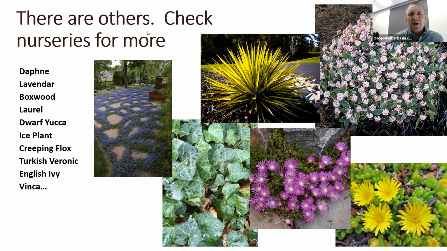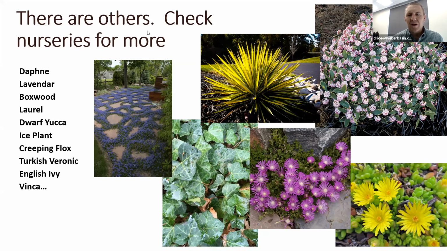Boxwoods, we've already talked about. Laurels, you could grow. Ice plant, I've got two pictures here, a purple hardy ice plant, a yellow hardy ice plant. The foliage is succulent, it stays evergreen. You could grow creeping phlox, which I don't have a picture of here. Turkish veronica is the stuff on the little flagstone pavers off to the side there.